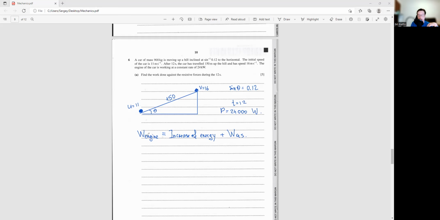Okay, but first of all, what's going to be the work done by the engine? We'll have to remember the definition of the power. Power equals work done over the time taken. So to find the work done by the engine, we'll have to multiply power by the time.